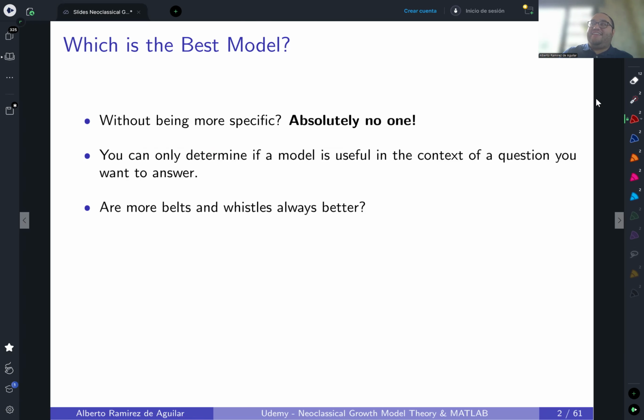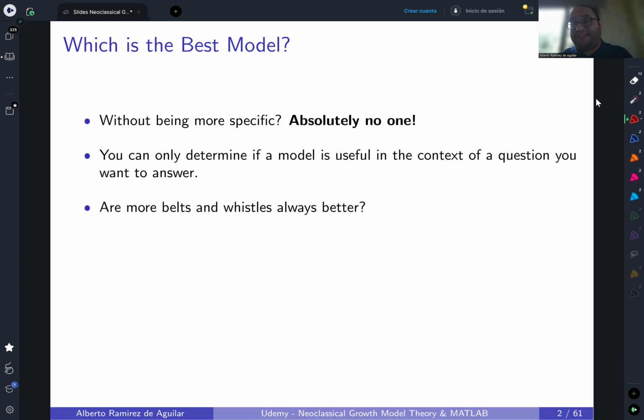Now, there's this idea that complicating models, that means usually in classes and in universities or in mini lectures like this one, people that teach us usually teach very simple models, okay? And they usually add something like, well, if you want to complicate it, you can do it like this or like this.